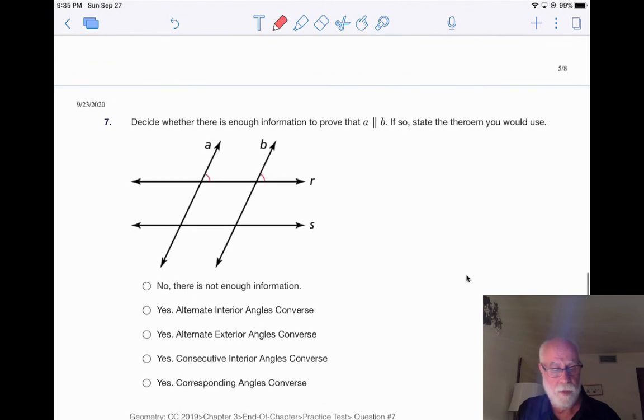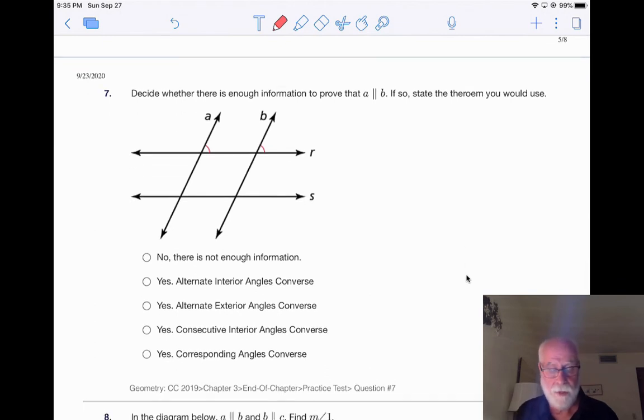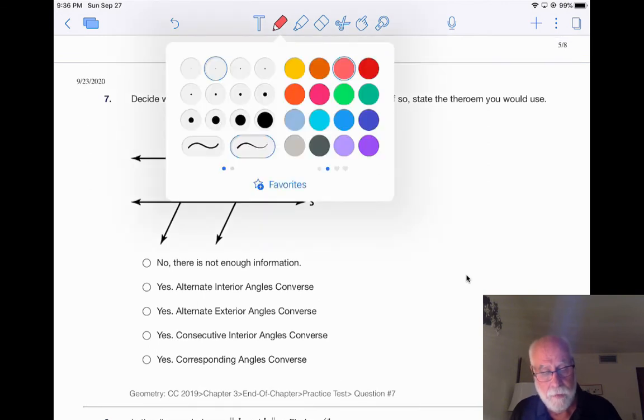Number 7, determine whether there is enough information to prove that A is parallel to B. If so, state which theorem you would use. So I need to show that these two lines are parallel, right? So to show those two lines are parallel, what do I have here?